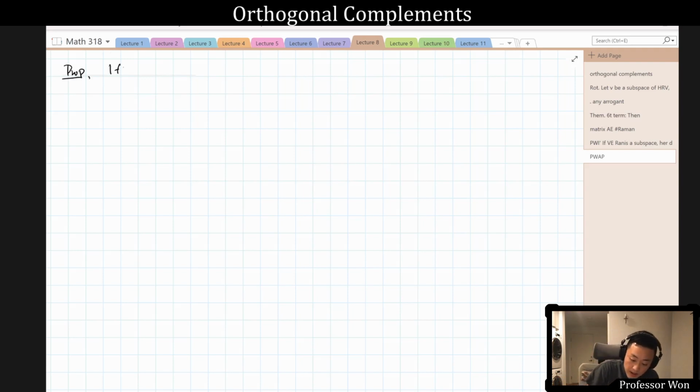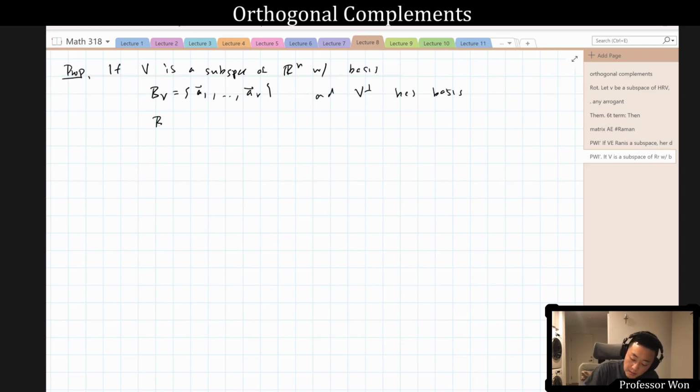Okay, so if V is a subspace of Rn with basis, let's call it BV, say it's A1 through AR, so it's an R-dimensional subspace, and V perp has basis, let's call it BV perp, A1 prime and so on.